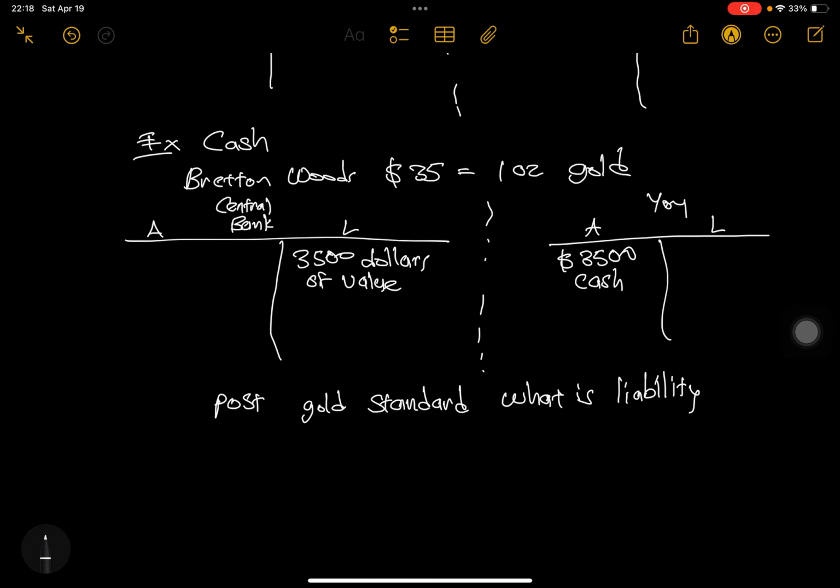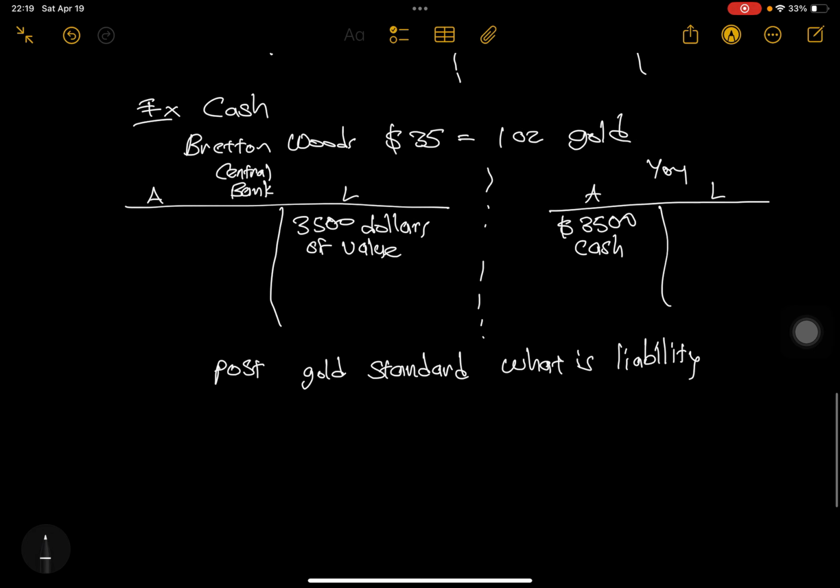The central bank itself is not a market participant. It does not own factories. It does not produce goods. It does not provide people housing or anything that they need. The central bank is purely a financial actor. So what does it mean that the central bank actually has a liability of $3,500 of value?